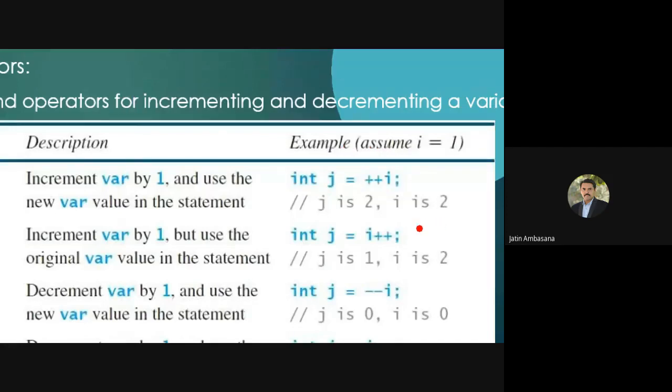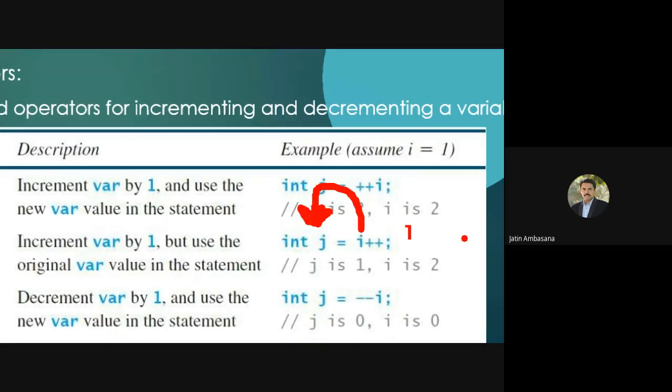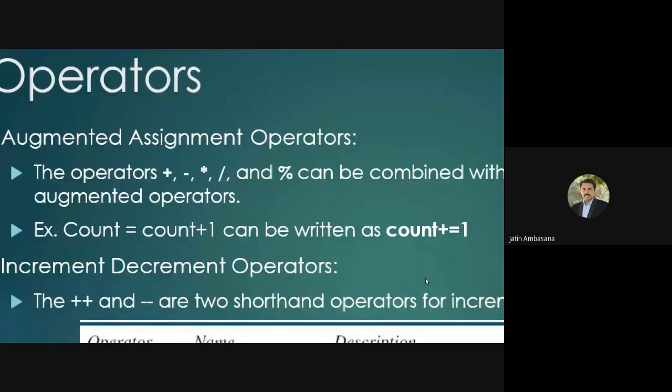When you say j is equal to i plus plus, what will happen? The older value of i will be given first, the assignment operation will be given the first preference, and then the plus plus will happen. So j's value will become 1, but i's value will become 2.